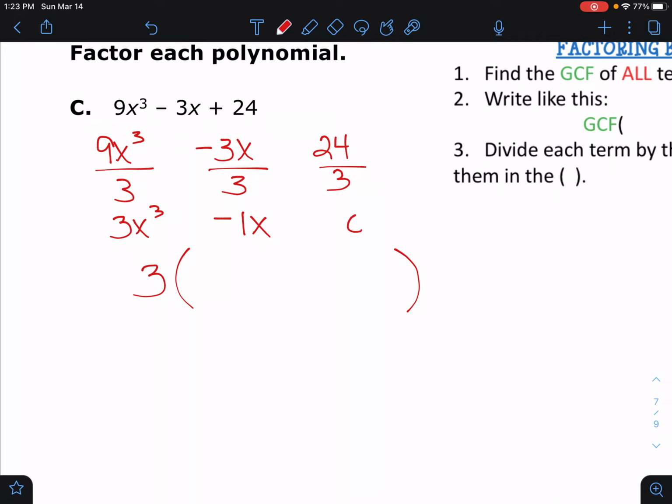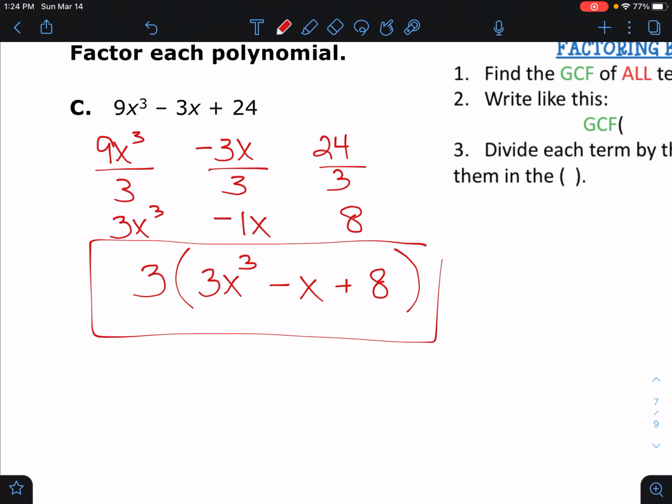And this would be 8. Okay, so I'm going to write these in here. Now you can put the 1 there if you want, or you could just write minus x. If you want the 1 in there, great. And then plus 8. So this would be the factored form after you've found your GCF, which goes in front, and that's how that works.